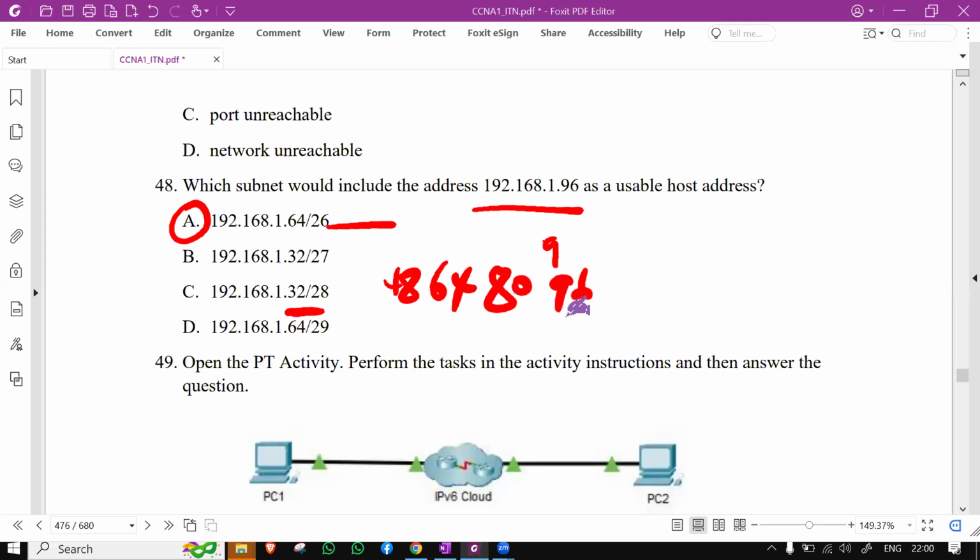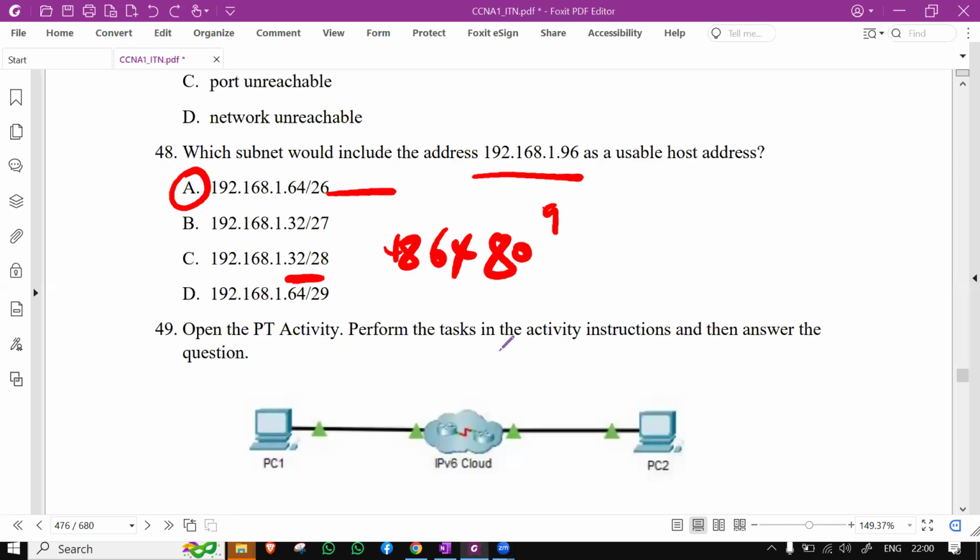Yeah. 96 is the network address. I think it's probably the same. Yeah. I like what I'm seeing.